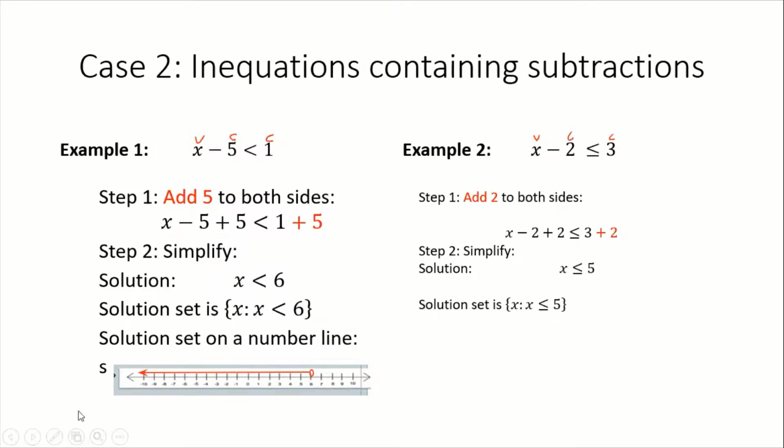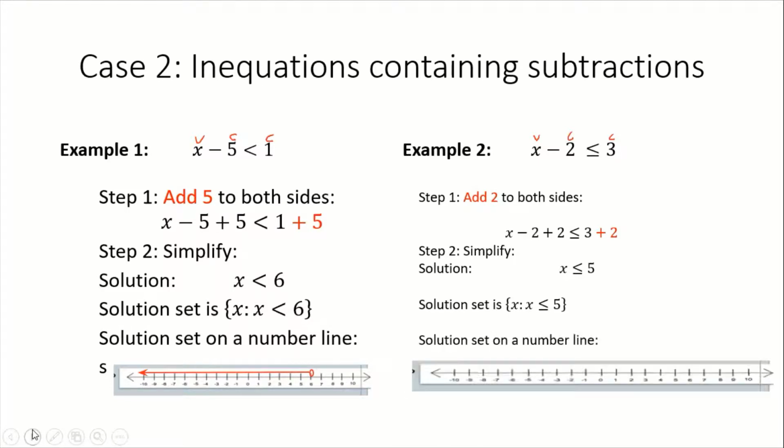So when you are asked to represent that on a number line, you use what is called a closed circle. What is a closed circle? It is just a circle that is shaded, right? So again, we're going to find 5 on our number line.